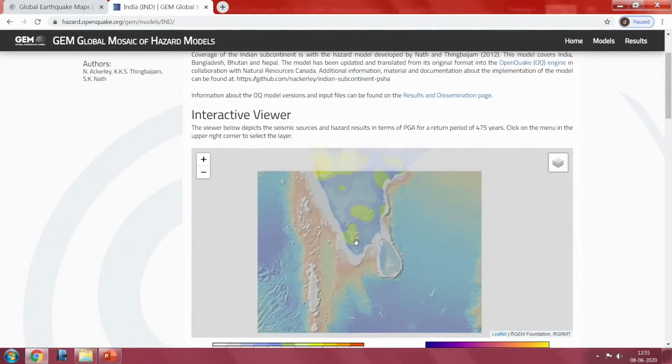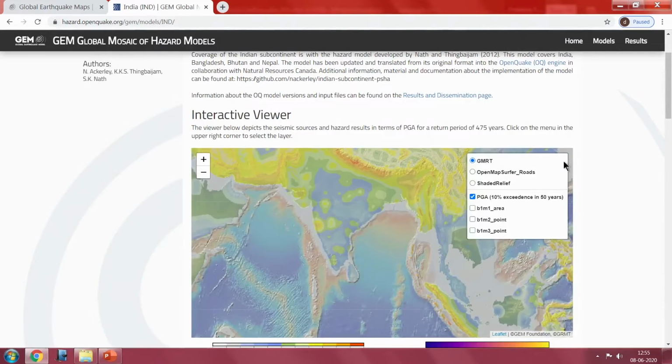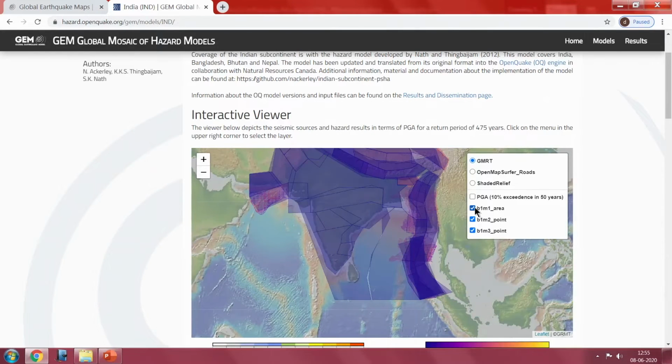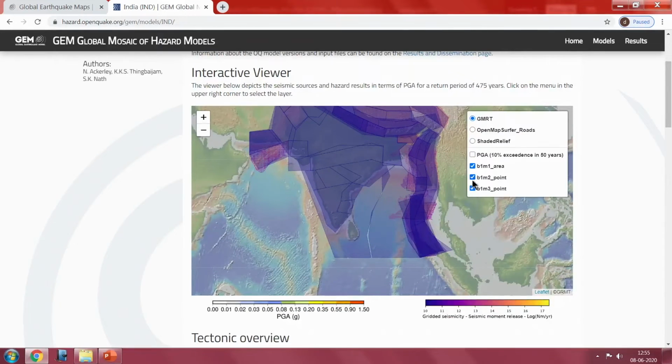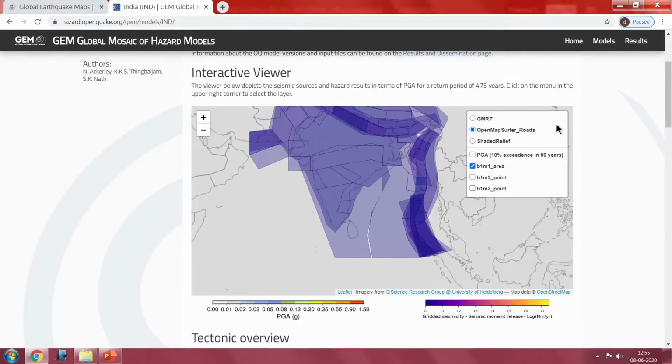You can see even the tectonic boundaries, and if I want to remove the PGA but get other information, you can see. So you can see how they considered different tectonic boundaries in arriving at a particular model. That is what it shows.